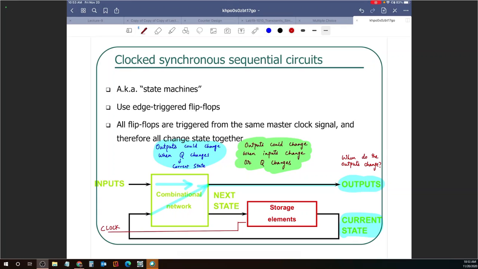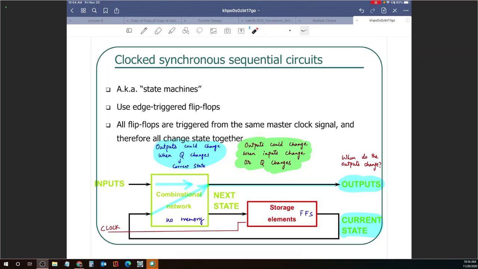These guys are flip-flops, and this is a combinational network which has no memory. The flip-flops are triggered by a clock. So the current state changes to the next state soon after the active edge of the clock, and that could later change the outputs, right?